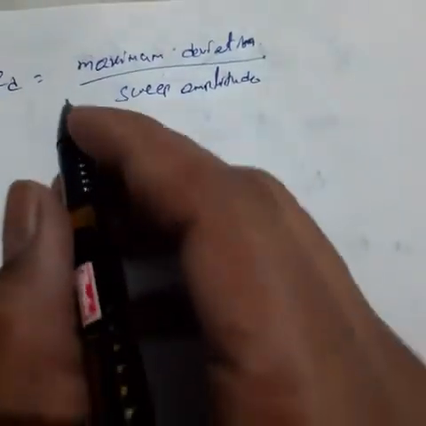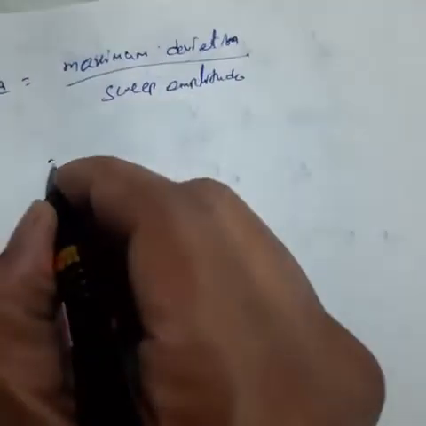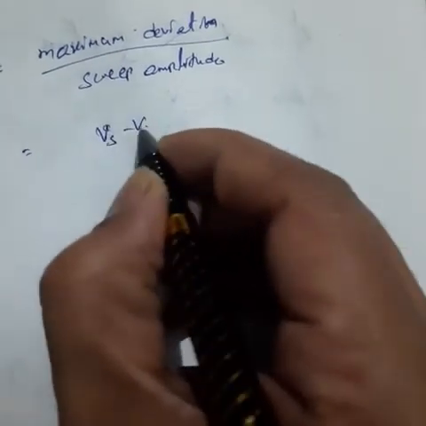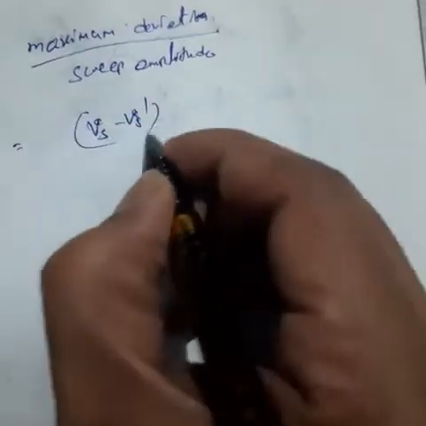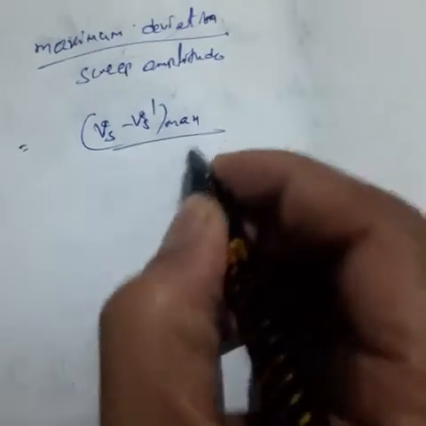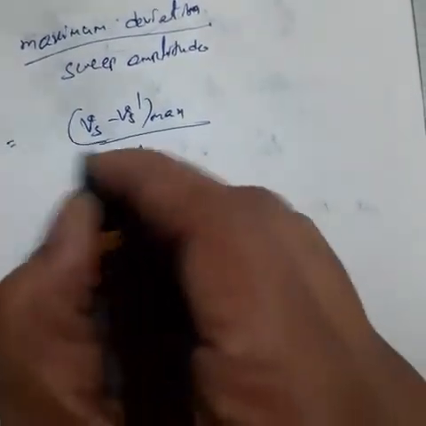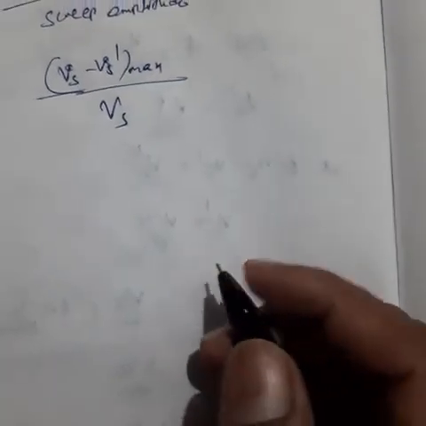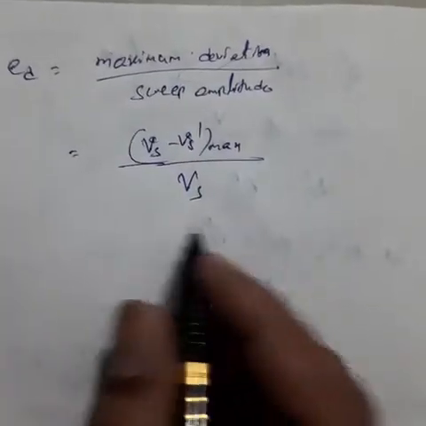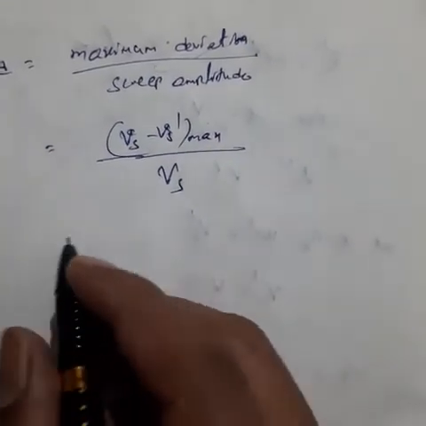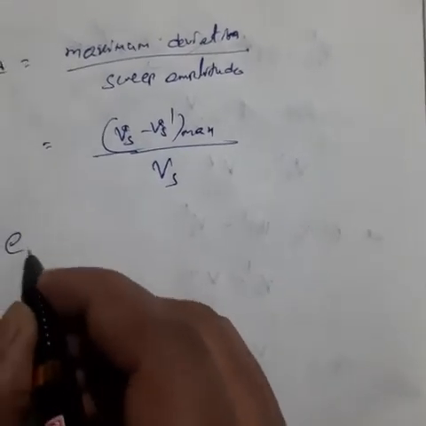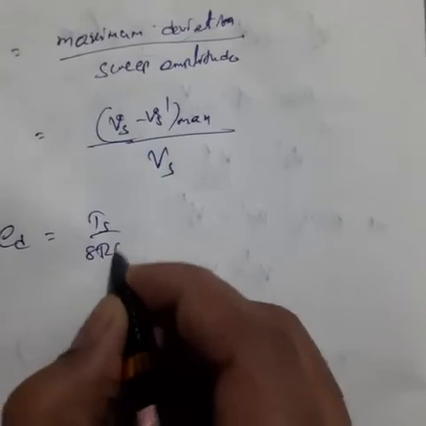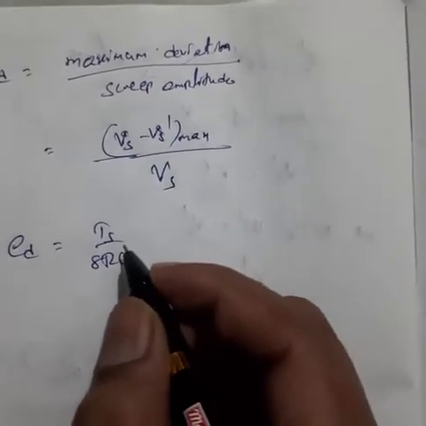The maximum deviation is Vs minus Vs dash max, and the sweep amplitude is Vs. After solving, we get Ed equals Ts by 8Rc.